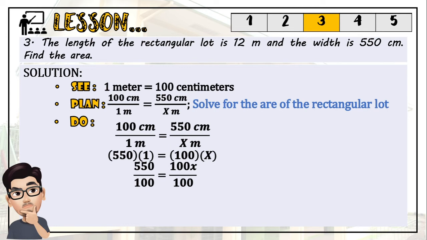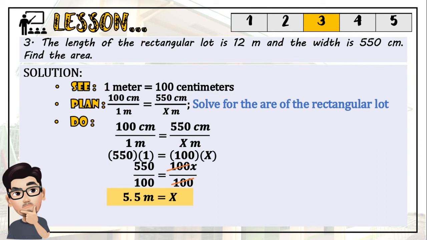Then we will remove 100 from the x by dividing both sides by the number. So 100 will be cancelled out, and 550 divided by 100, we will have 5.5 meters. Okay, why meters? Because it is the missing unit here, and we need to convert 550 into meters.